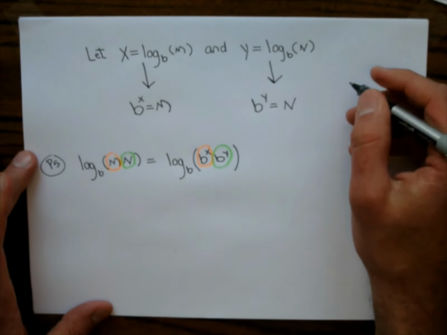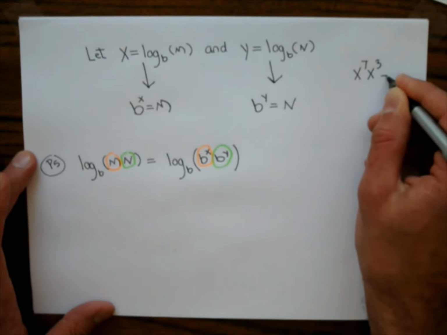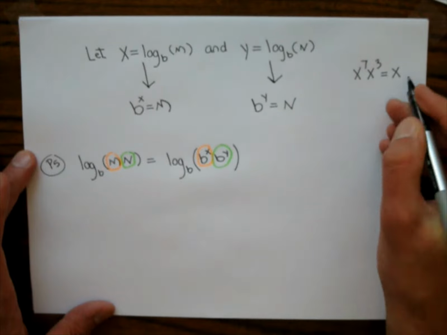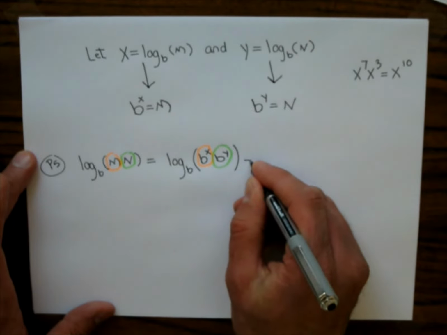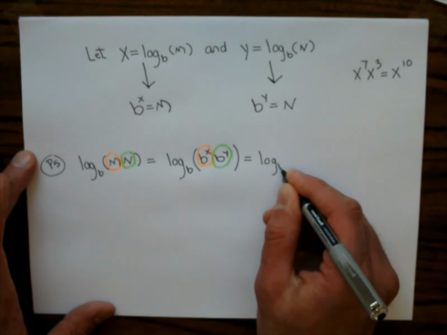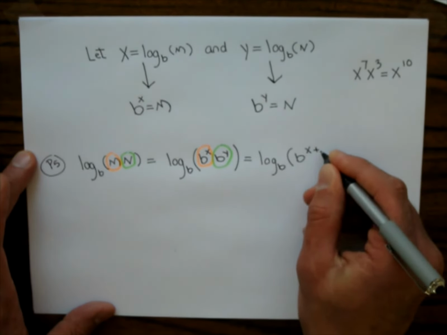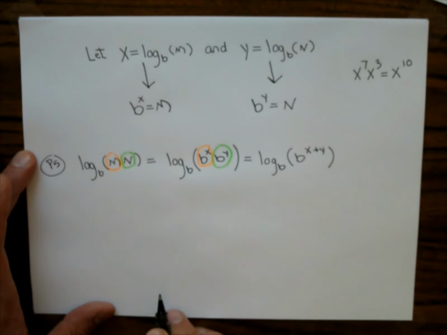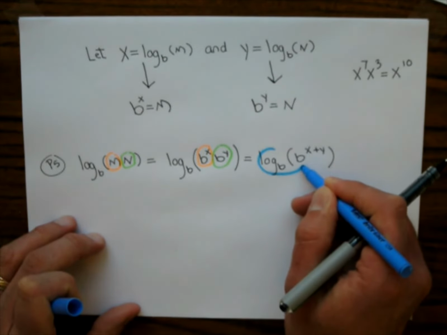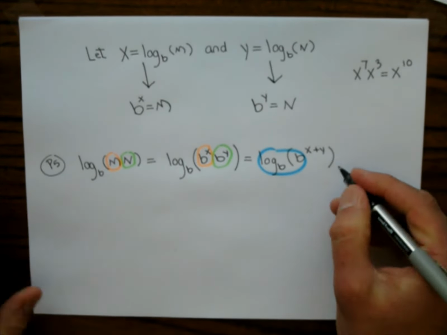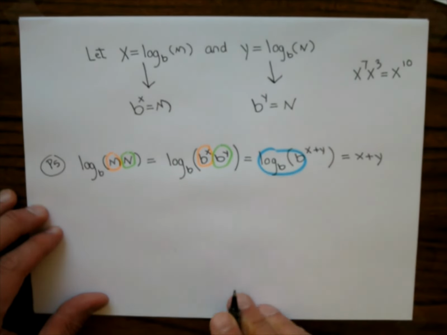Now, you guys remember that maybe x to the 7th times x to the 3rd. What does that equal? That equals x to the 10th. You add the exponents if the bases are the same, and that's what we're going to do here. Log base b of b, we add those exponents, x plus y. Now, we go to property 3, where that thing goes pop, you have x plus y.